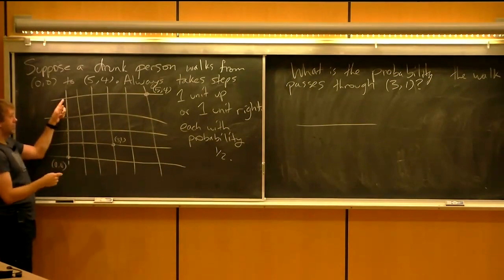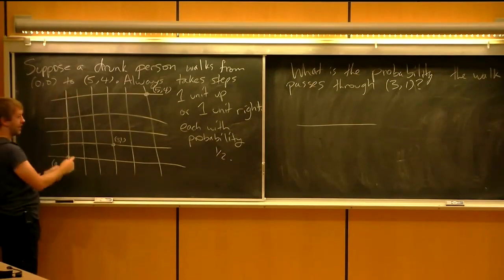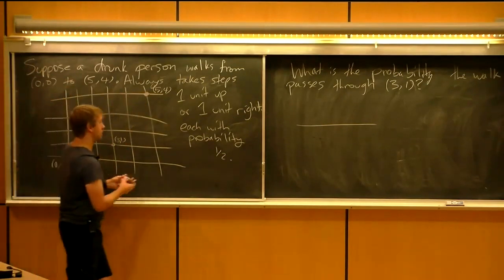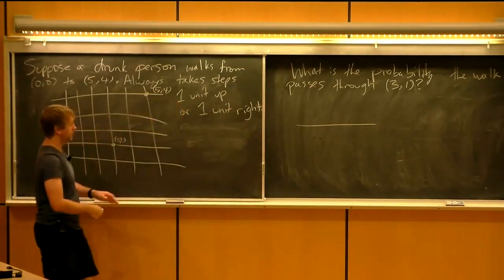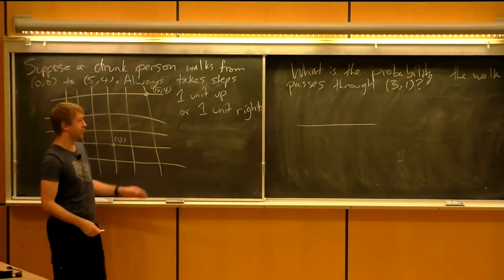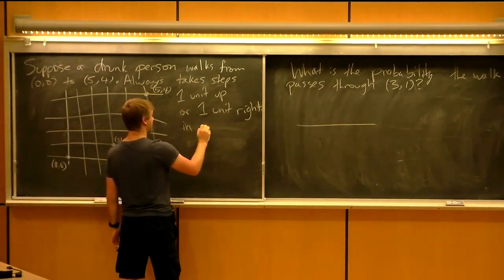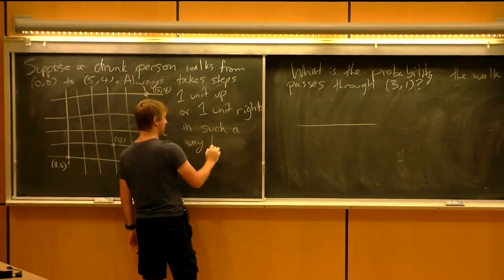At this point, I don't have an equal probability of going right or up, because if I go up, I can never get back. And we're saying he goes from 0,0 to 5,4. So I'm sorry, this is not quite right. He takes one unit up or one unit right in such a way that every path is equally likely. So it's a little bit more complicated.